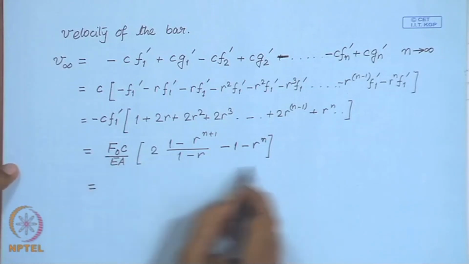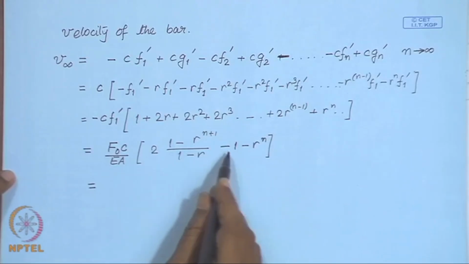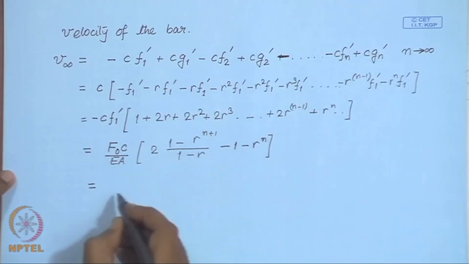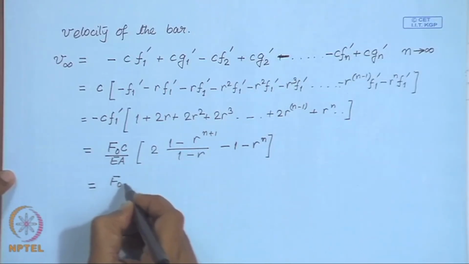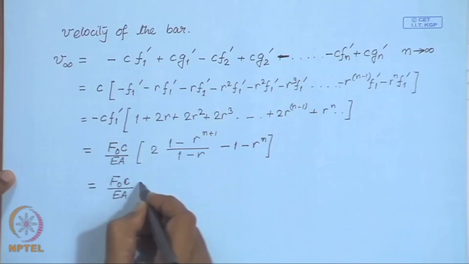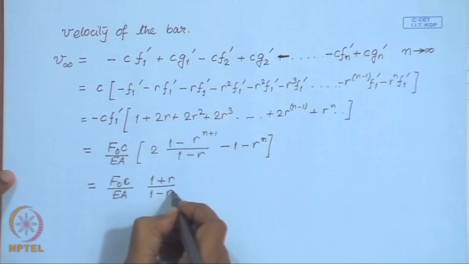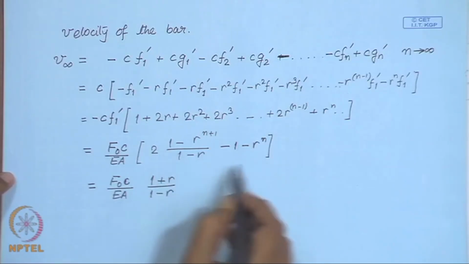So, this when n goes to infinity, this sum simplifies. And as you know that r is less than 1.